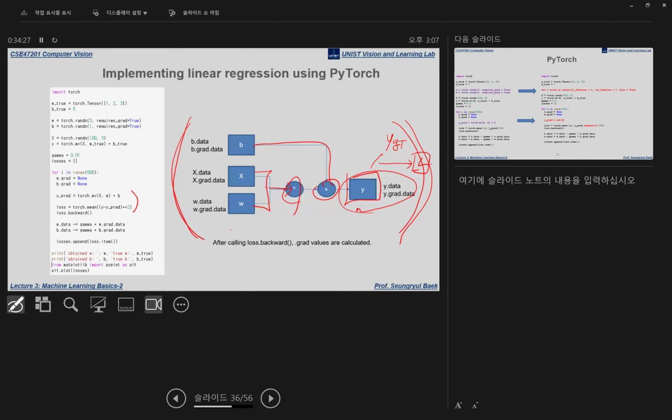So the final output is the loss rather than the predicted value. Thanks to that graph, if we call loss.backward, PyTorch can track all the variables connected to the loss and automatically calculate the gradient.